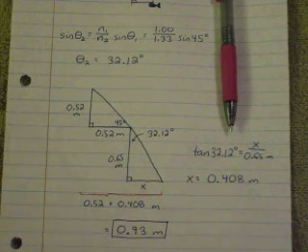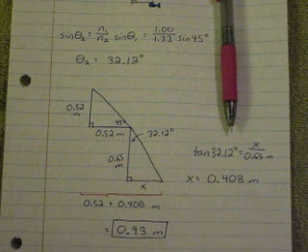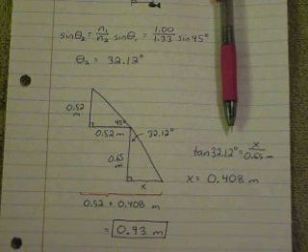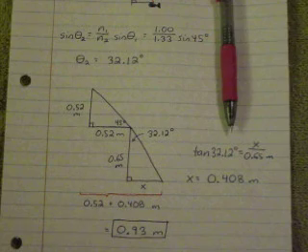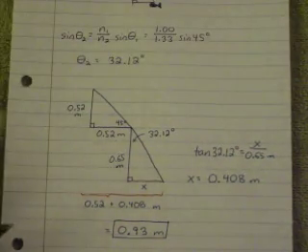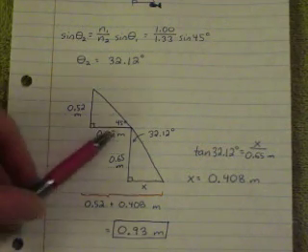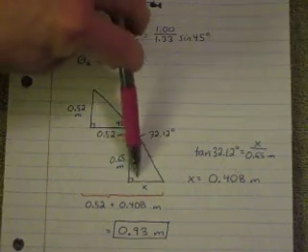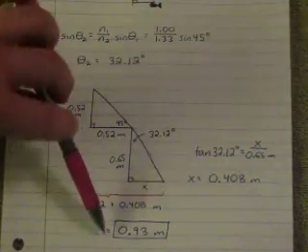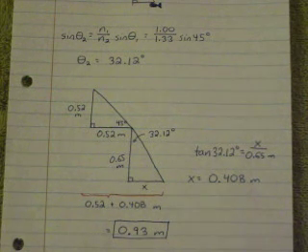The tangent of the 32.12 degree angle is equal to opposite over adjacent, x over 0.65. So we solve for x, and we get that it's 0.408 meters. So the distance from the observer to the fish is 0.52 meters plus 0.408 meters, and that gives us, rounding with significant figures, 0.93 meters.